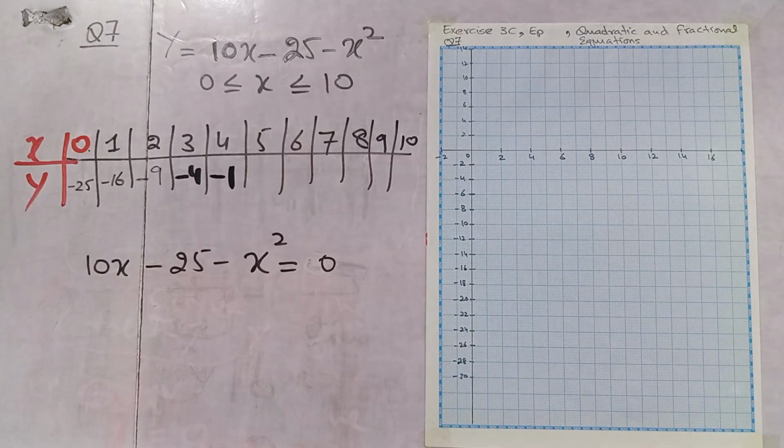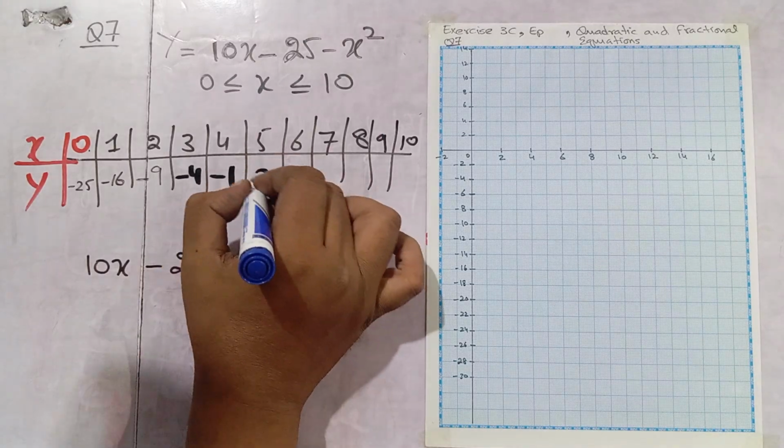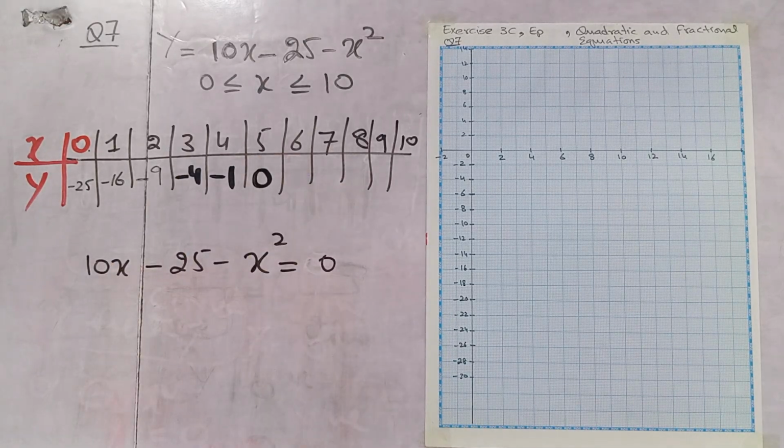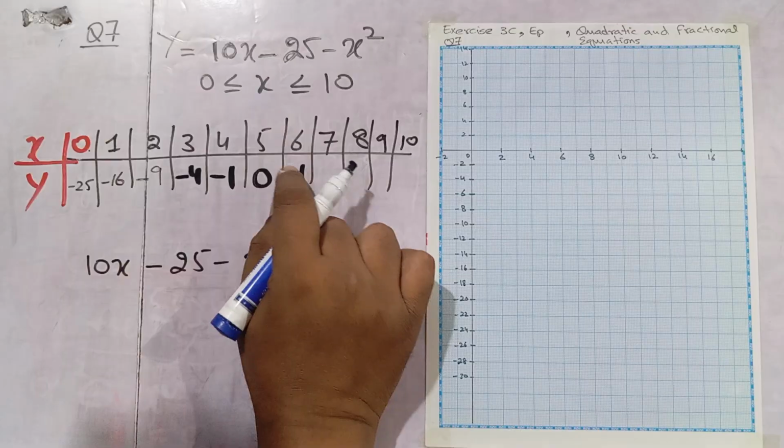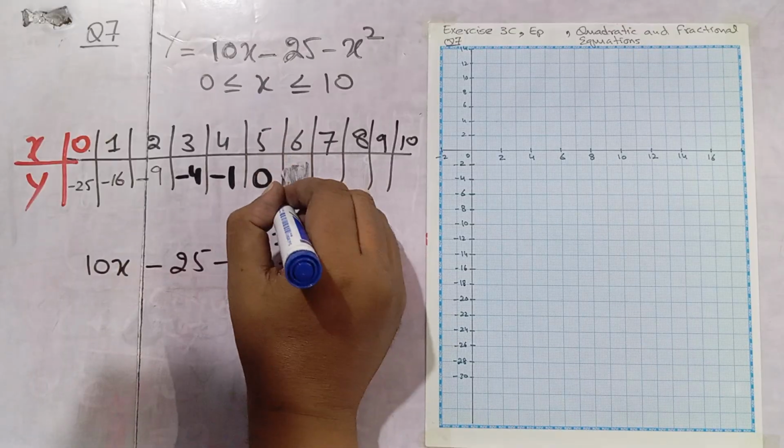Then you have 10 multiply 5 minus 25 minus 5 square, and you will get 0. So here you have 0. Then you will enter 6 in the place of x. 10 multiply 6 minus 25 minus 6 square equals, that gives you minus 1. So here you have minus 1.